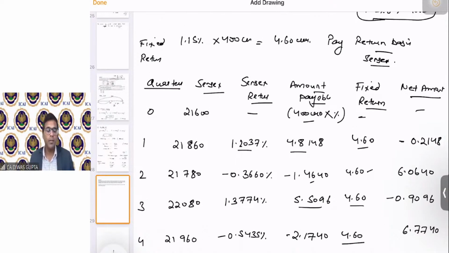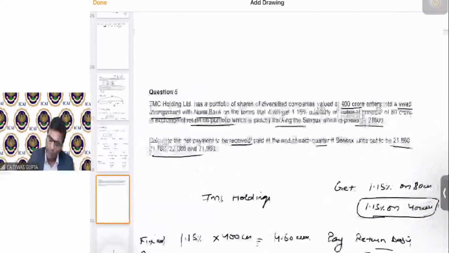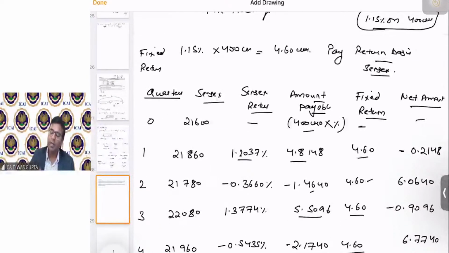Okay, students. I hope this was easier without even understanding the knowledge on swap. We just followed what was mentioned in the question and tried to calculate what will be the payment that this TMC Holdings will be doing, and what will be the receipts that this TMC Holdings will be again doing.